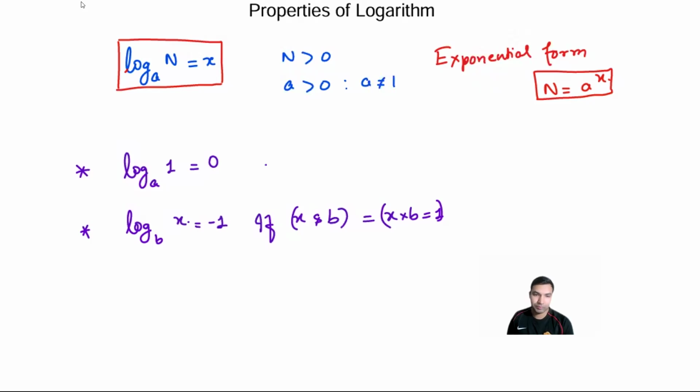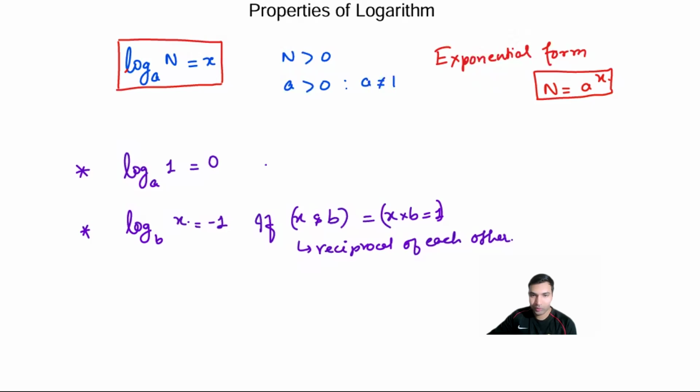So if b multiplied by x is equal to 1, then the result is -1. They are reciprocal of each other. These were the standard results which we had seen in the previous video.